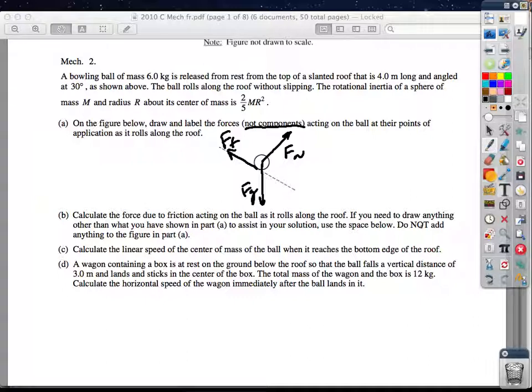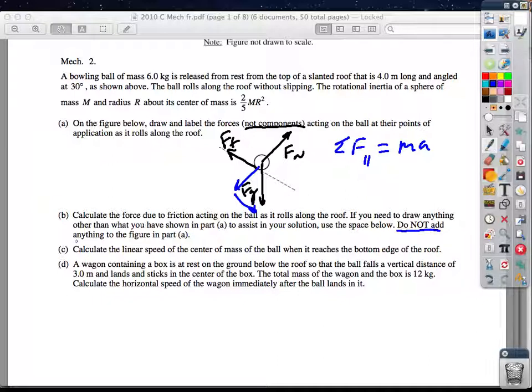So then what I'm doing is I'm making this my axis. I'm shifting the problem and saying that the sum of the forces parallel to the surface is equal to ma. Obviously I'm not putting it on this drawing, I'm doing it somewhere else. See what they said here?